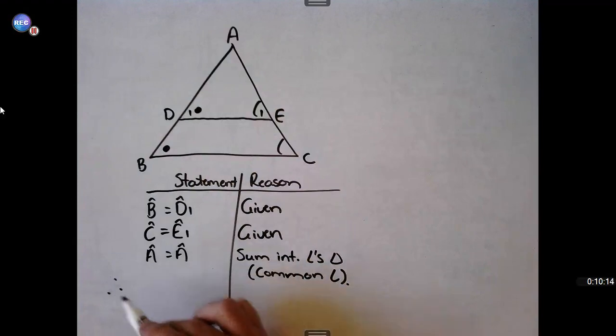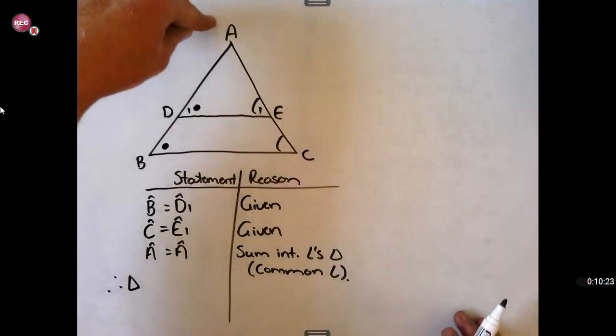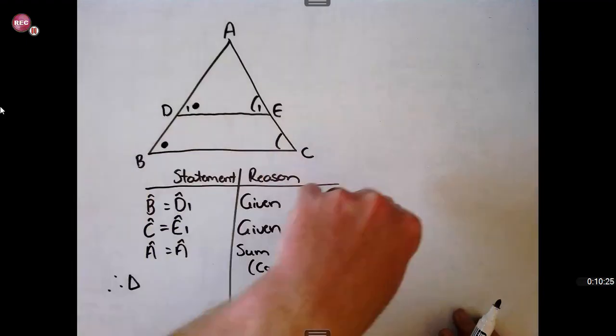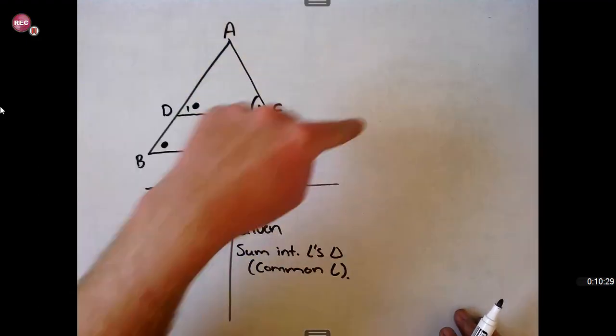So therefore, remember that your corresponding angles must all align. So if I start at A and I move down and across, then for the smaller triangle I also need to start at A, move down and across.